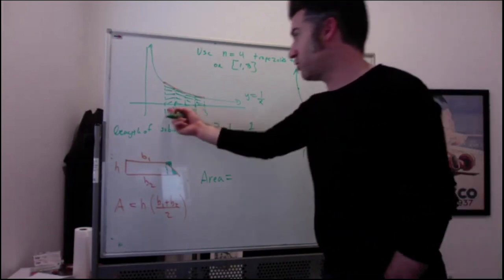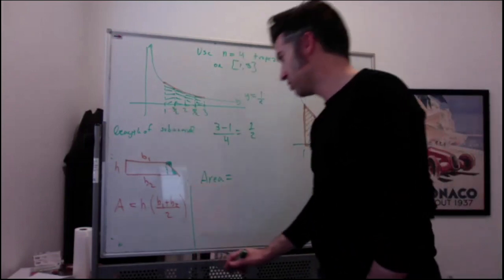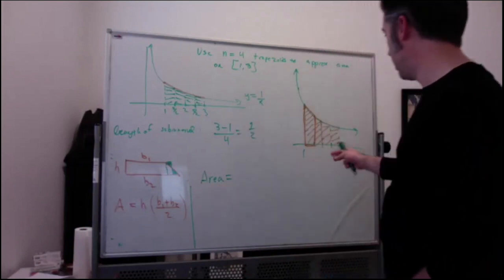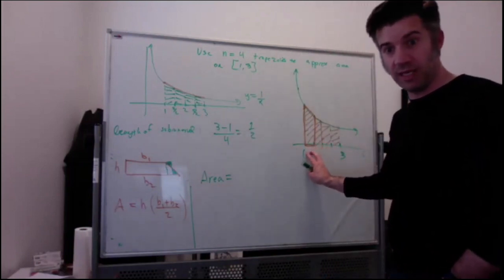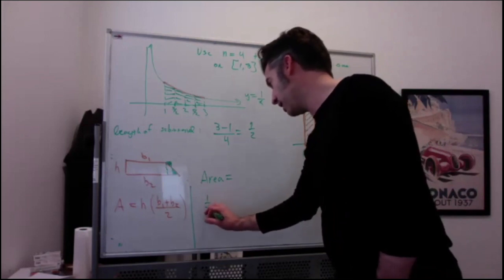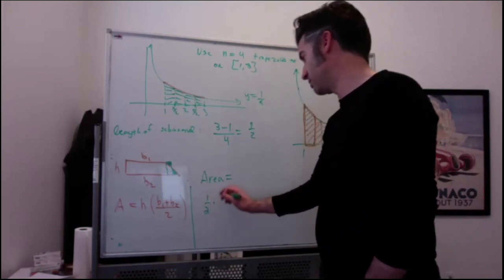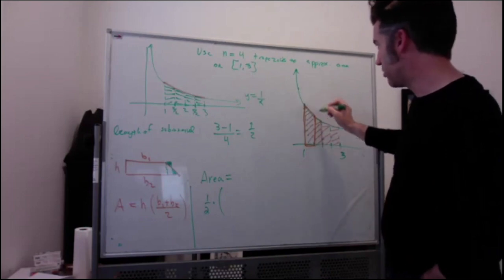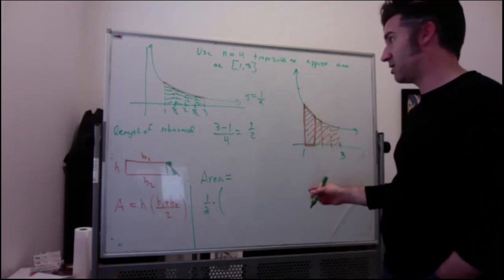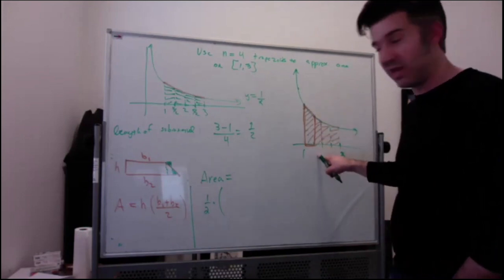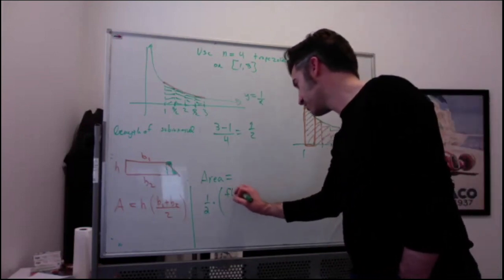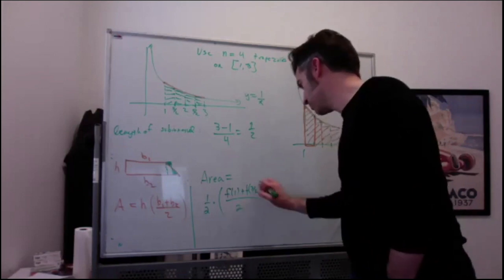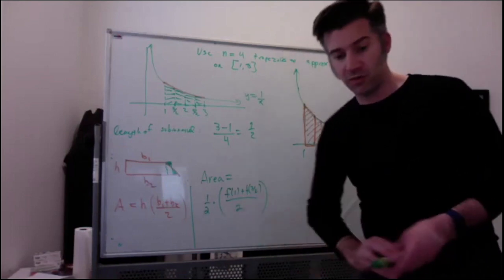The first trapezoid is the base, which is 1/2, times the average of the heights. That's this height here plus this height here, so f of 1 plus f of 3/2, over 2. Okay, that's my first trapezoid.